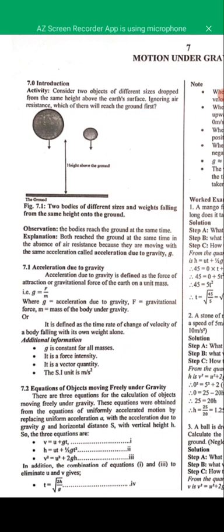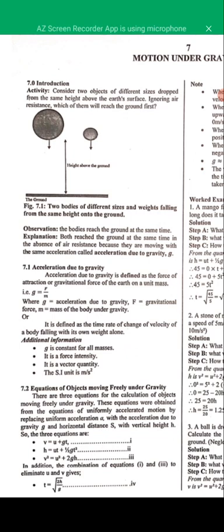Both bodies reach the ground at the same time in the absence of air resistance because they are moving with the same acceleration, and that acceleration is called acceleration due to gravity. If the motion is linear, then we have our normal acceleration a. But when the motion is that of a rising and falling body, we consider the acceleration to be g, which is acceleration due to gravity.